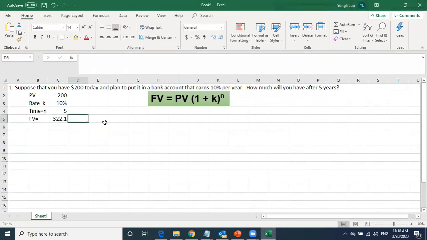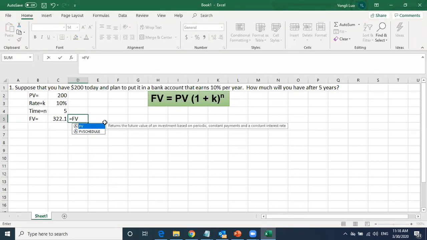I will teach you another way. Instead of using that formula, we use a function called FV, future value, in Excel. When you type equal sign, FV, open parentheses, you have rate, number of periods, payment, present value, and type.